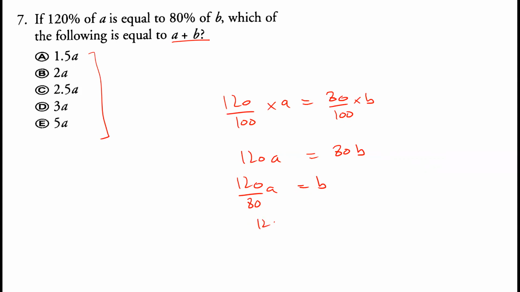So this would be 120A over 80 plus A equals A plus B. We are just adding A to both sides. So A plus B equals 120A divided by 80 plus A.